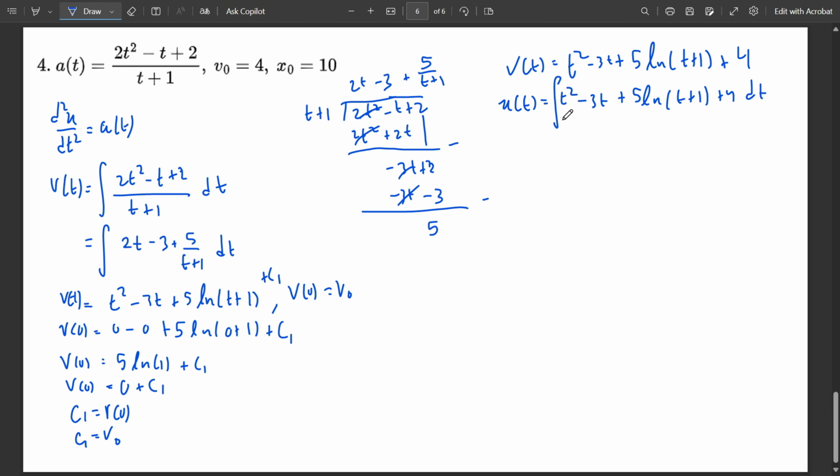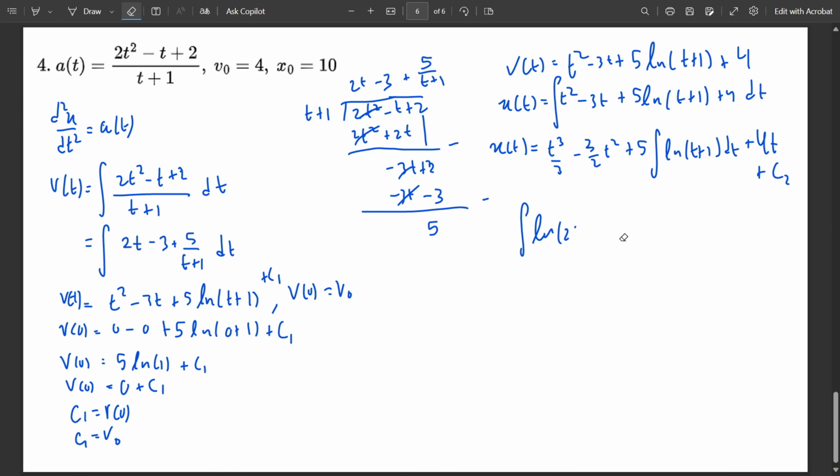We integrate this. So you can see that x of t is t cubed over 3 minus 3 over 2 t squared plus 5 times the integral of ln of t plus 1, plus 4t, and then plus the constant of integration. Well, the integral of ln of t plus 1 dt: we know that the integral of ln x dx is just x ln x minus x.